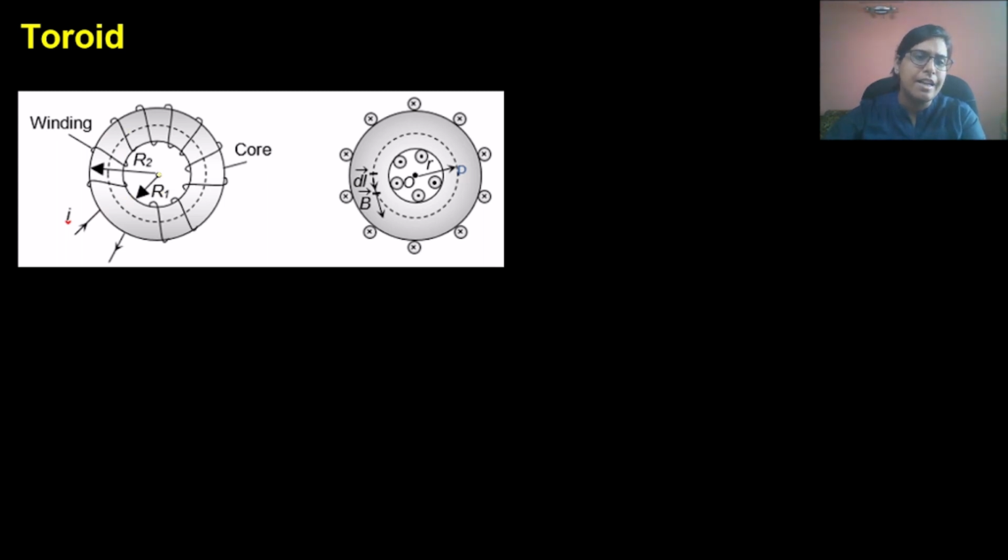So suppose the inner radius of this core is R1 and outer radius is R2 and magnetic field will be mu naught Ni. n will be number of turns per unit length.